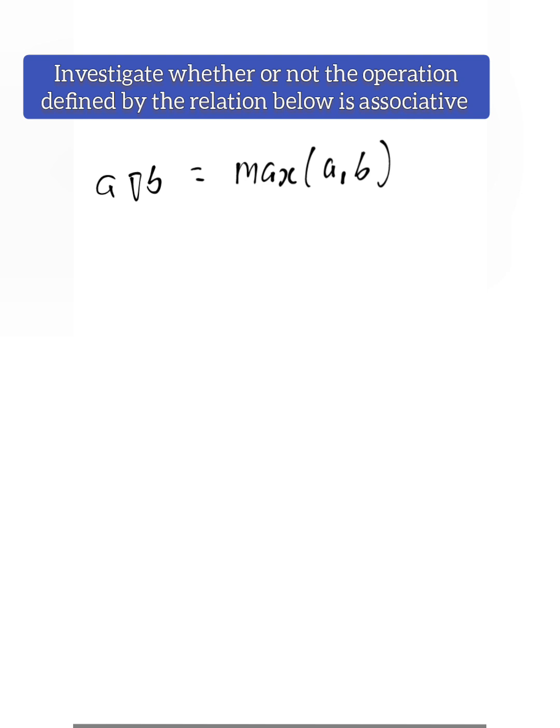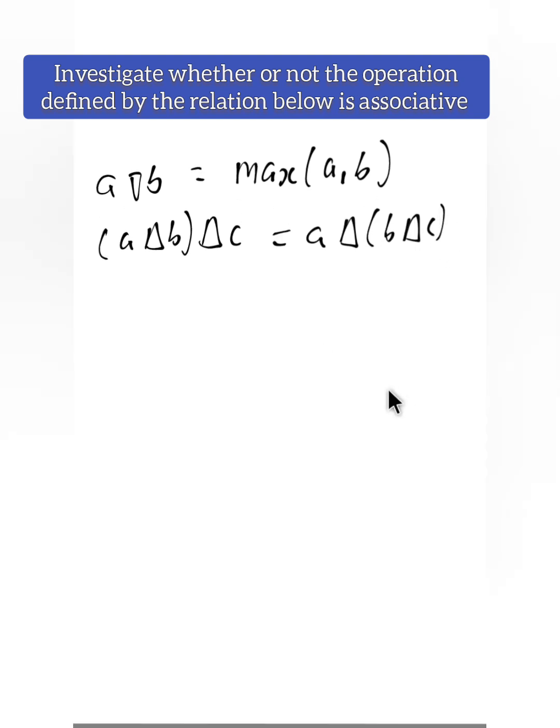Now recall that for an operation to be associative, (A operation B) operation C should be equal to A operation (B operation C).